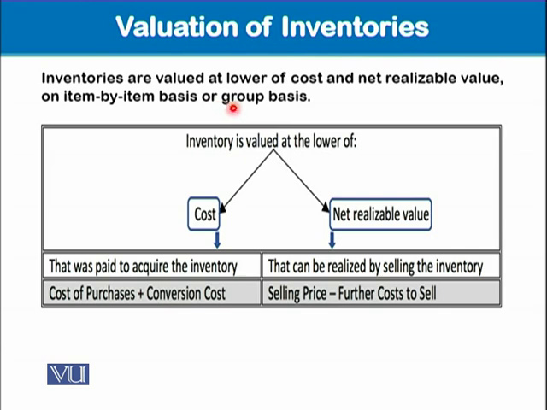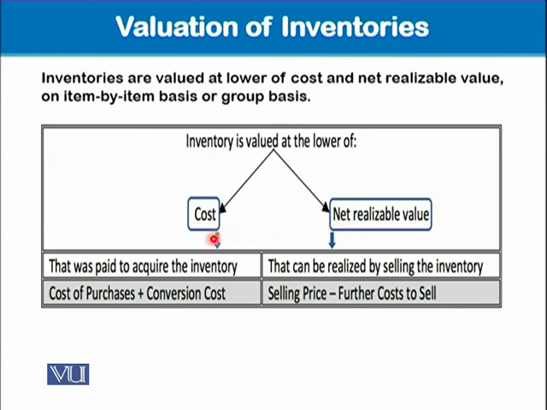Or if there is a group, we can group them. Those 10 can be grouped into 3 or 4 groups. Then we will work out their cost and net realizable value on a group basis. Anyways, inventory is valued at the lower of cost and net realizable value.